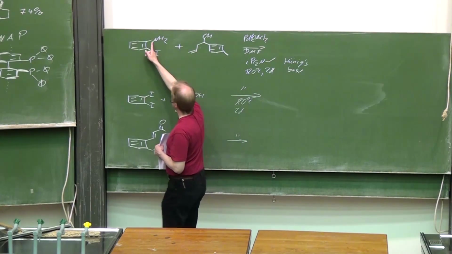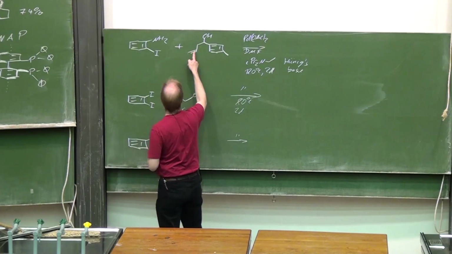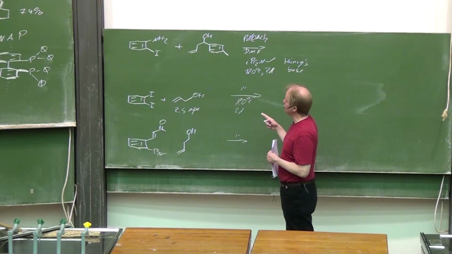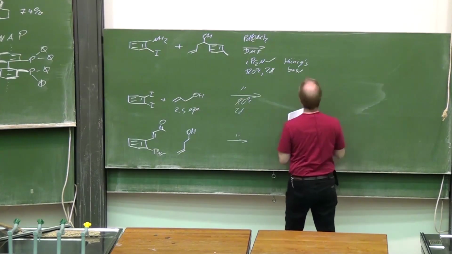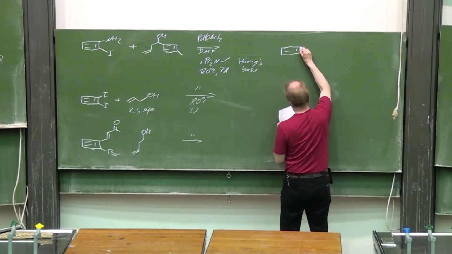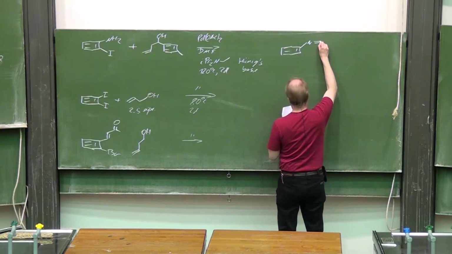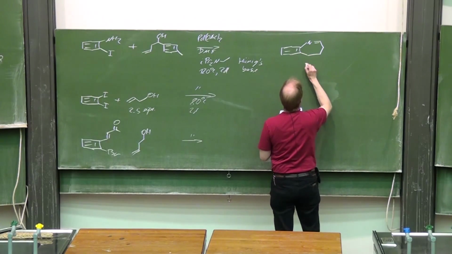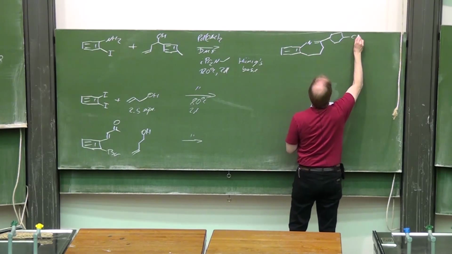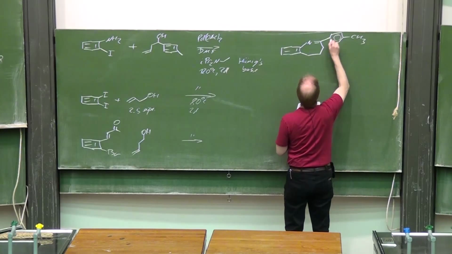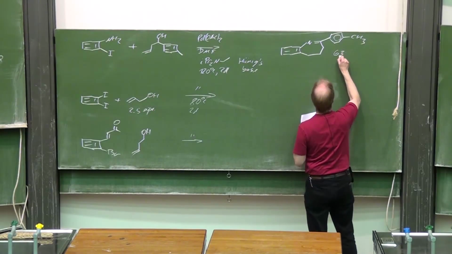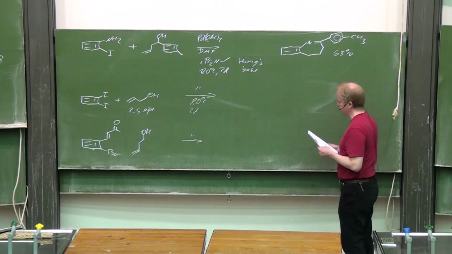So let's count the centers. 1, 2, 3, 4, 5, 6, 7. Imine formation in this case then is a 7-membered ring. Well, then it's a benzoazepine, which was obtained with a 63% yield.